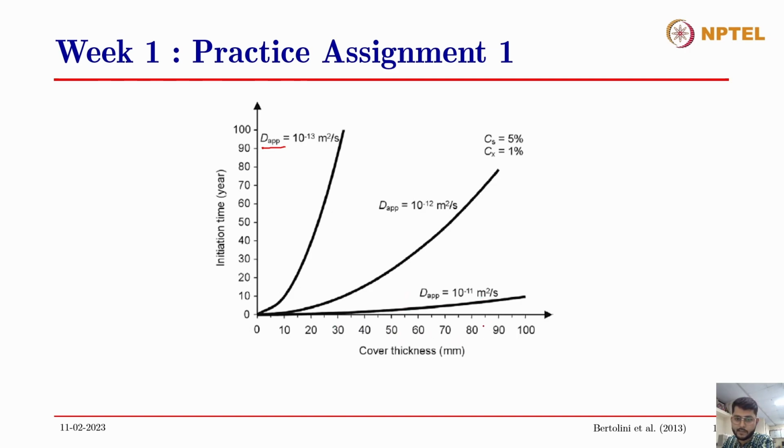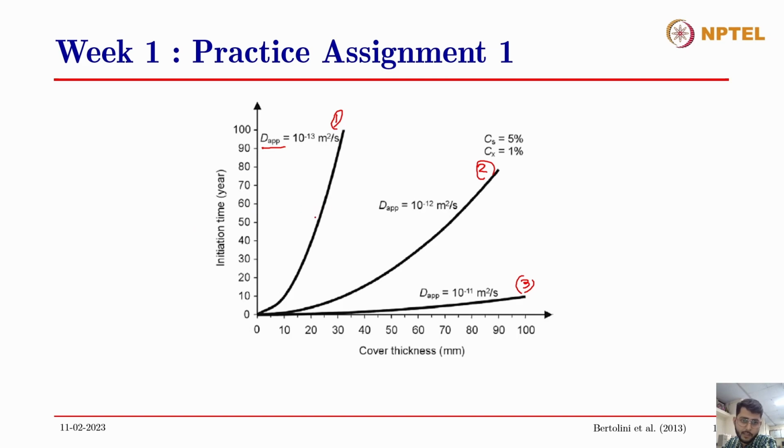I'll take some time over this graph to explain it. As you can see, there are curve one, curve two, and curve three. The first curve has a lesser diffusion coefficient than the second curve, which in turn is lesser than the third curve.